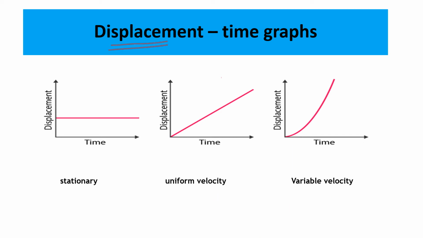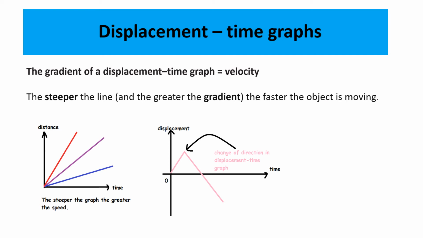Displacement is the distance moved in a specified direction from the point of reference. This curved line indicates that the gradient is changing and hence the velocity is changing. The gradient of a displacement time graph gives you the velocity. As discussed, the steeper the line, the faster the object is moving.